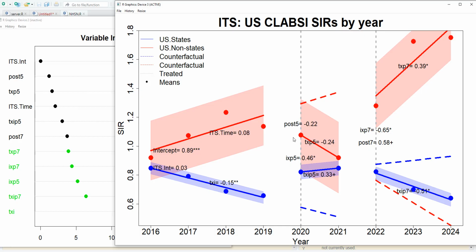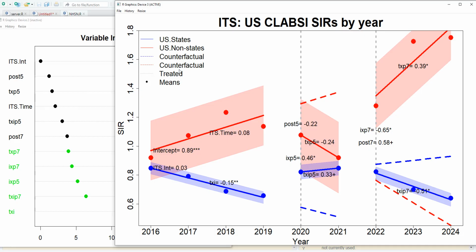And I do have counterfactuals for each previous period. So we can see that, for example, if we follow this red line in the baseline, if they had continued to that same level, we would have expected their path to follow the red dashed line. That's the counterfactual.